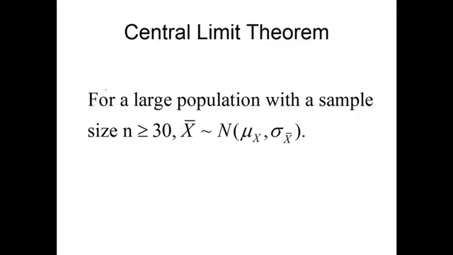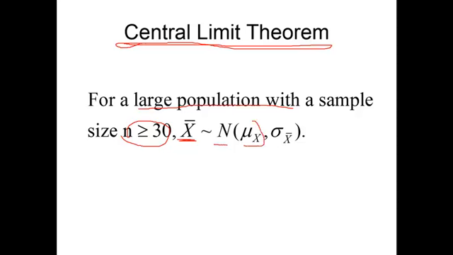Okay, now here we come to the slide which is the title of this presentation, the central limit theorem. What it says is, for a large population with a sample of size n bigger than 30, the sample mean is normally distributed.